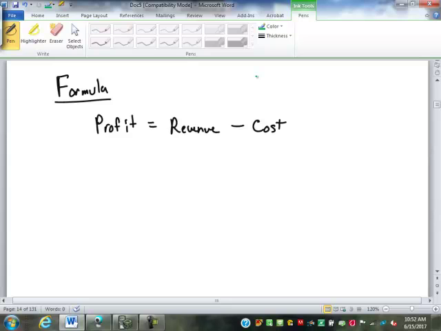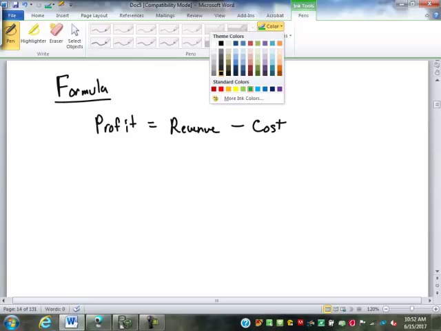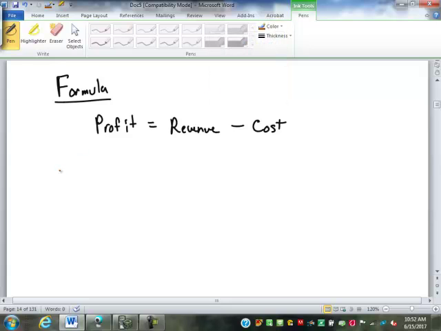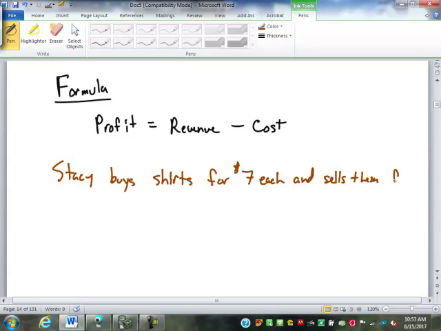Now, there are all sorts of different words. Some people put it as selling price minus cost or whatever, but it's the same basic formula. So if I now give you the information that Stacy buys shirts for $7 each and sells them for $13 each.